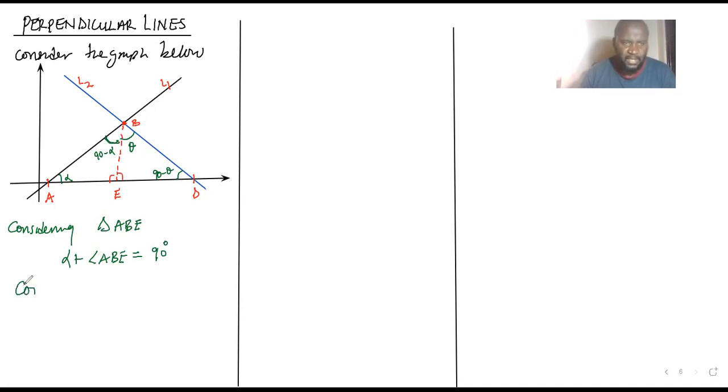Then if I consider triangle BED, that will be theta plus angle EDB, I'm going to get also 90 degrees.